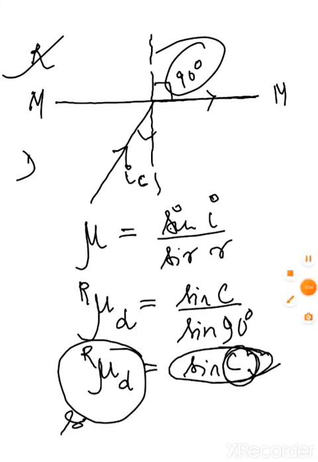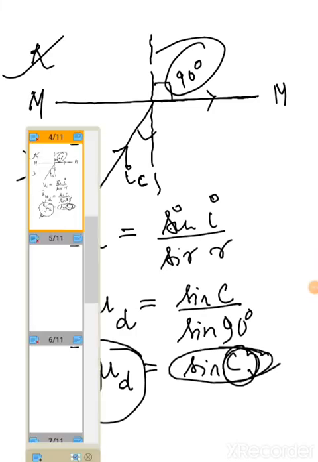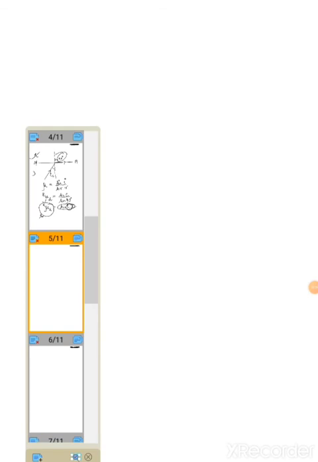Now we are continuing the same activity here. See, in the beginning, what did I do? I was increasing the angle of incidence. Now again I will increase the angle of incidence. This is my surface which is separating the two media. Here I have the denser and here the rarer medium, and this is my normal and this is my point of incidence.